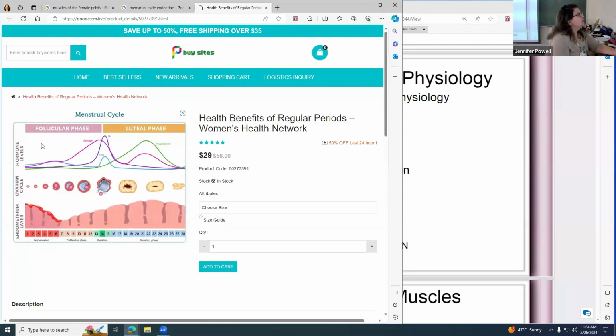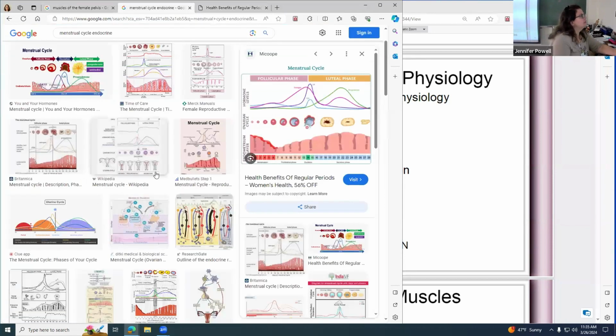So you have within the endocrine cycle, you've got the follicular phase, the luteal phase. And let me go back because there's a better explanation here.